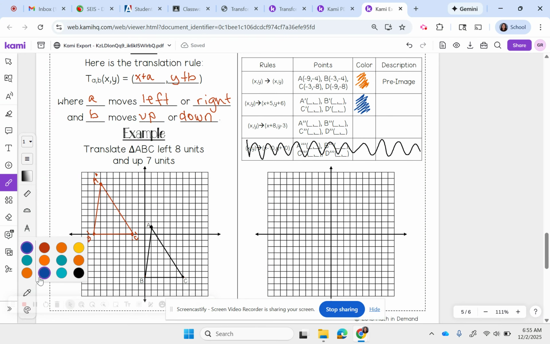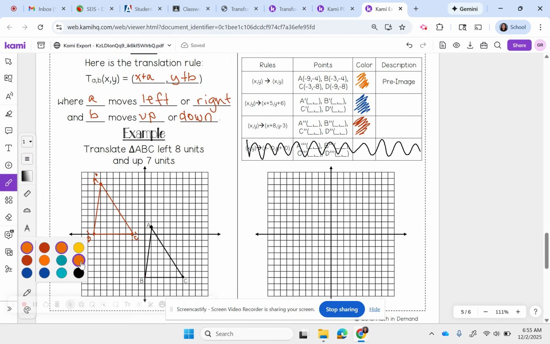And then our third one, let's do red. You can pick your own colors. You just have to make sure that when we finish this that you can go ahead and outline it like that, okay? So let's go ahead and start graphing our pre-image. Again, if you want to pause this so that you can number your coordinate plane, please do that, okay?